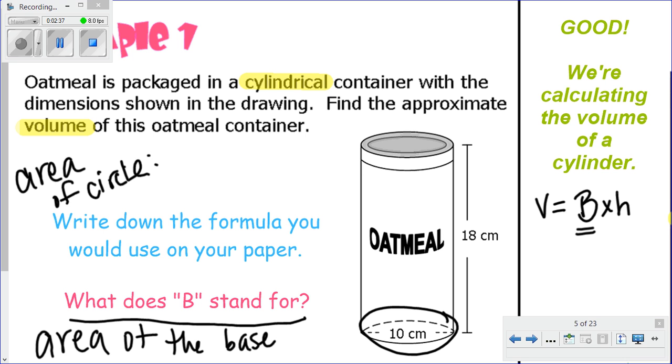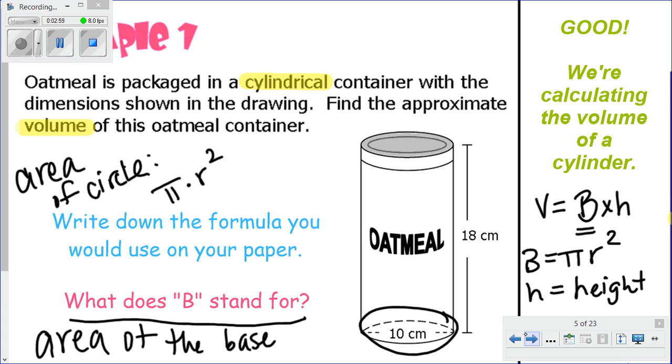Now, one thing you might already know is the area of a circle, but for those of you who need a refresher, it's pi times the radius squared. And the only other thing that we need, so we have this big B here equals pi times the radius squared. The other thing that we need is the height. H equals the height. Okay? Moving on.